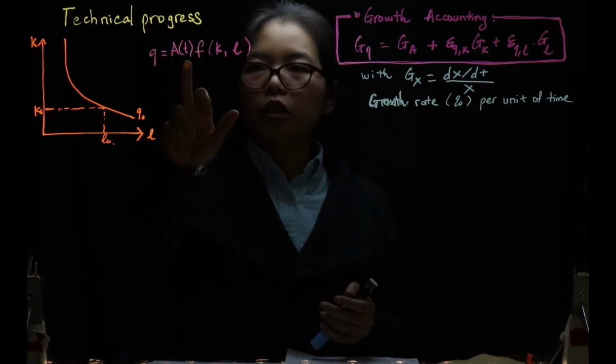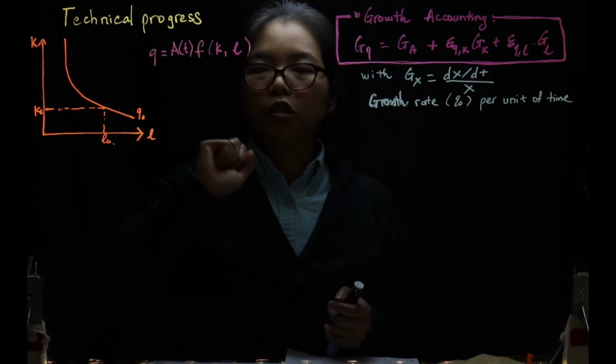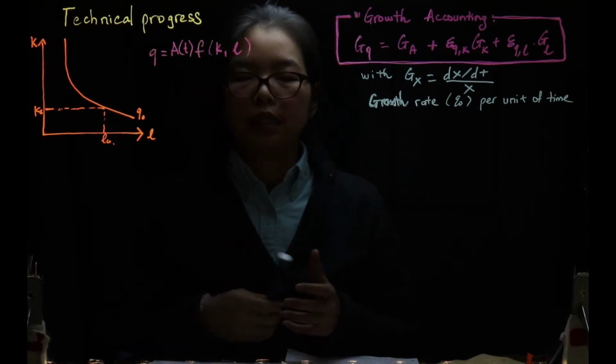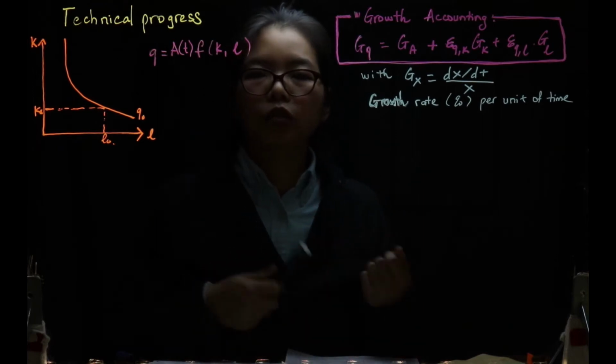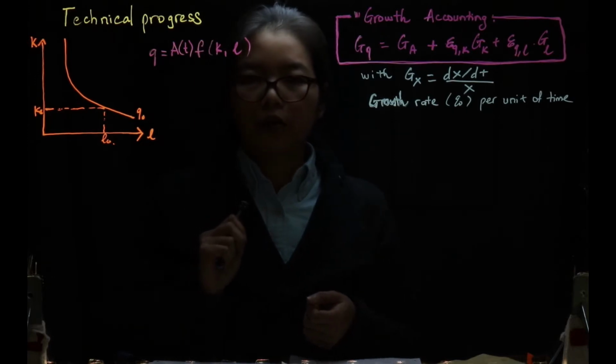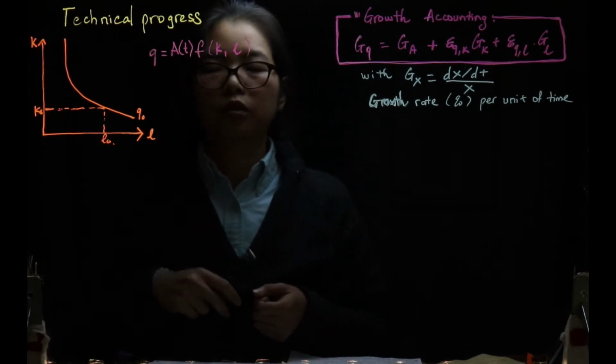So for that reason we write it as a function of time t. So A is a function of time and usually it is increasing. And that is the technical progress factor that we wanted to model.